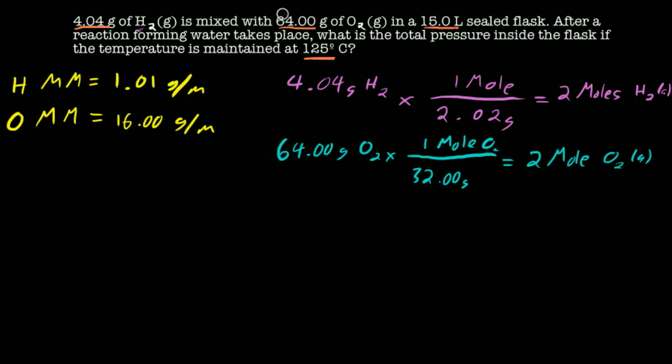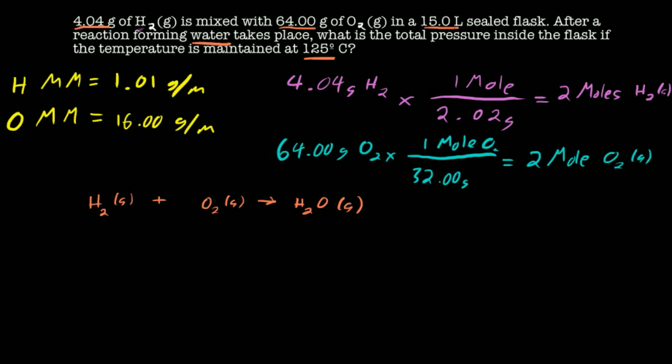Now at this point, probably the most helpful thing, because remember we have a reaction forming water, is to write the reaction. We are going to be reacting H2 gas plus O2 gas, and we are going to be forming H2O gas.